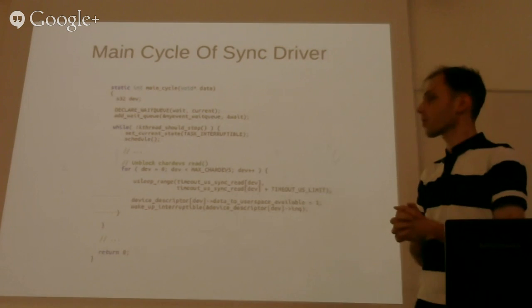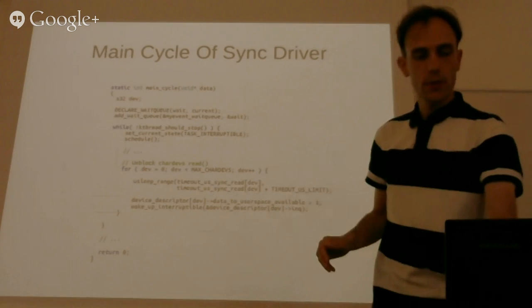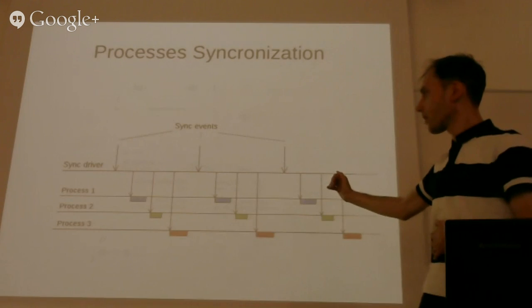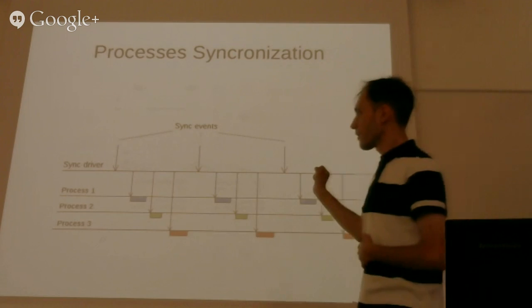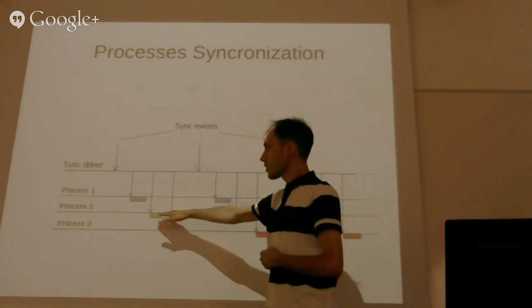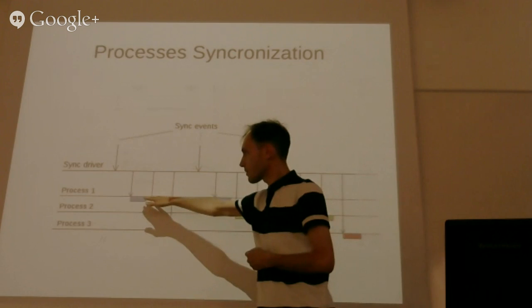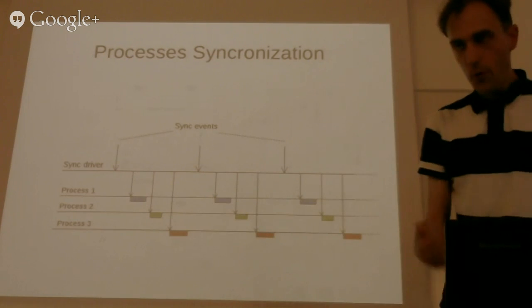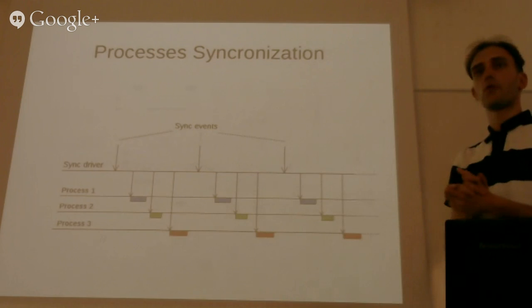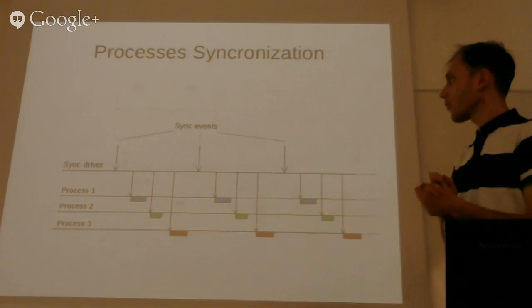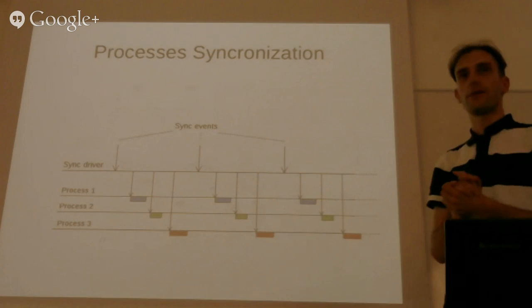The user space processes have strictly defined priorities, so that we can guarantee that process 2 here cannot execute unless process 1 is completed. All these features are provided to us by Preempt RT, and the performance is pretty fine for us.